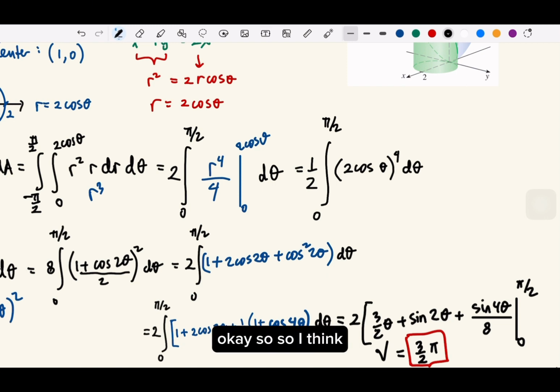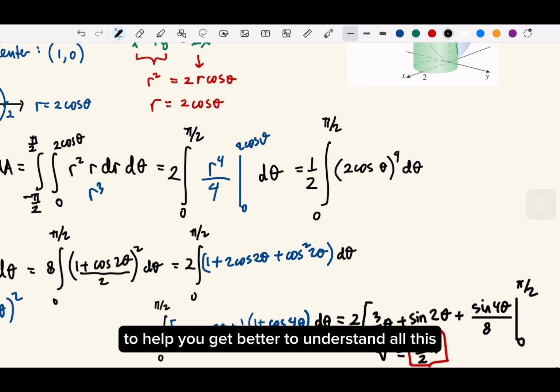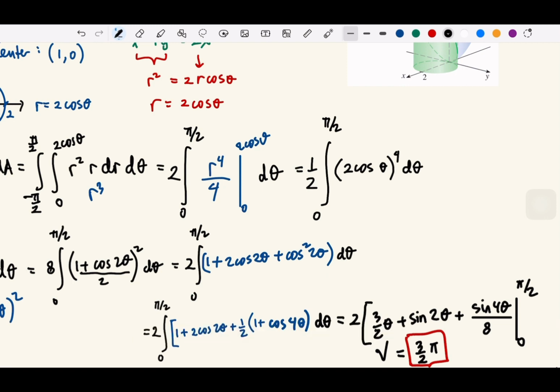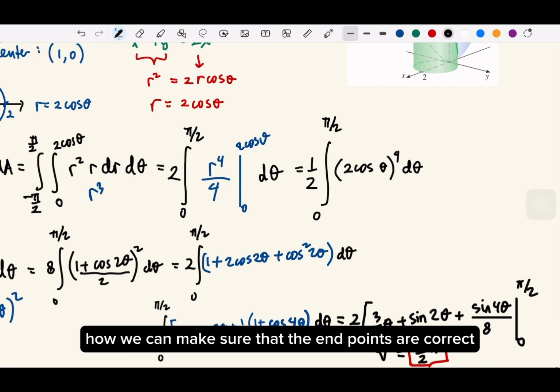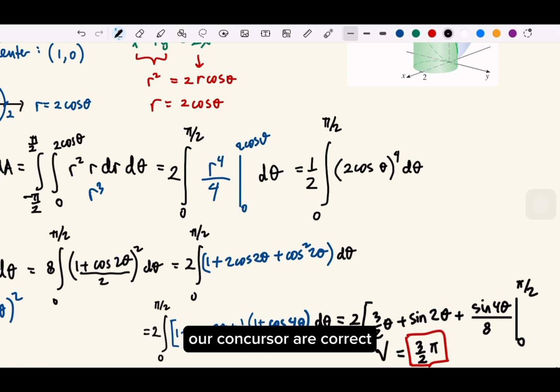Okay, so to help you better understand all of this, I think the most important part of this computation is the first one: how we can make sure that the endpoints are correct, and our conversion is correct for the double integral in polar. If we don't get this correct, the whole thing will not be in the right direction.